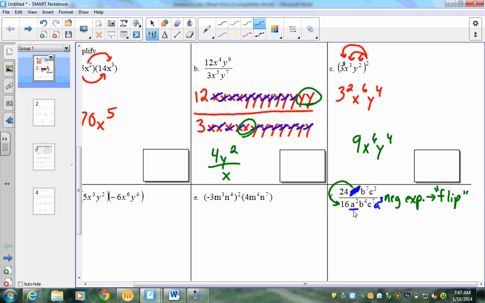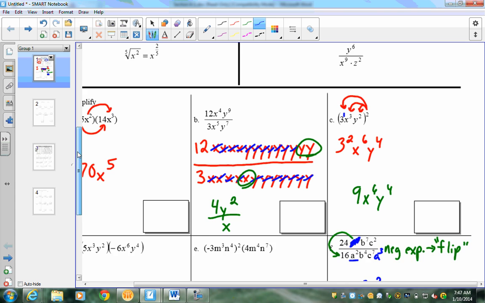Since there was already an a squared down here, and we are multiplying again by a to the third power, that tells me that the a exponent will be changed. So my numerator, notice I rewrote it without the a, 16 a to the fifth power, b to the fourth power, and then c squared. Now everything has been flipped the way it should be.